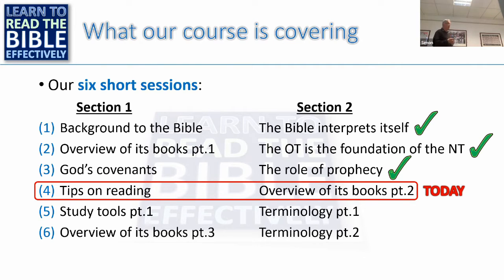You might remember we looked before at how the books in the Bible are arranged as a library, and we saw that they were in groups. We're going to touch on some of those in the second half of this session today.